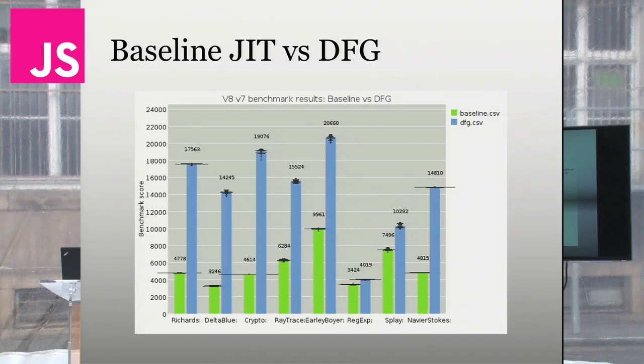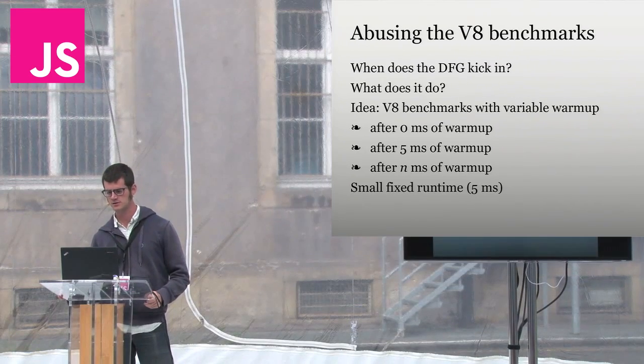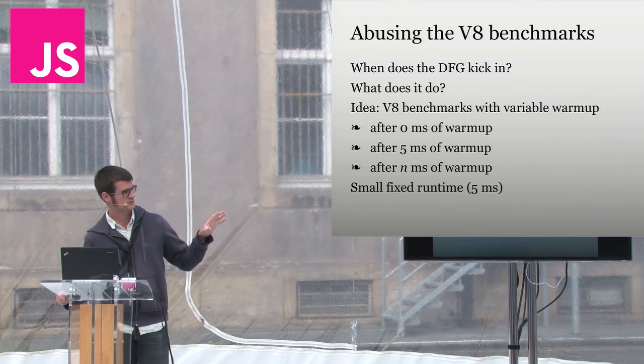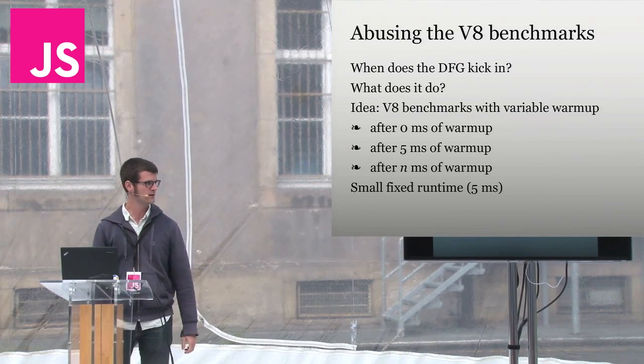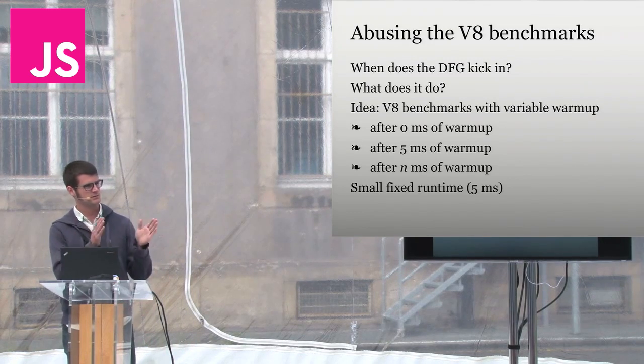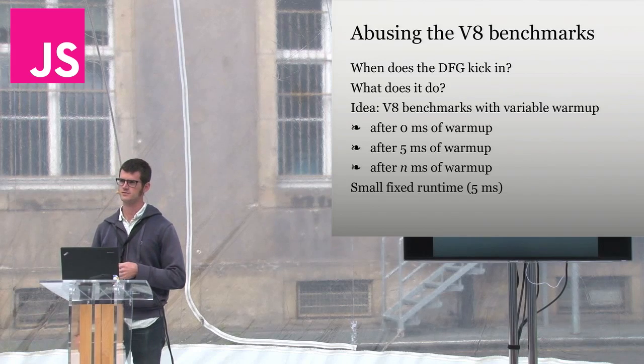I'm going to use this sort of thing as we go forward to really pull apart some of these benchmarks. And really, I'm not going to use the straight V8 benchmarks as my tool. I'm going to hack them a bit to see what the dynamic characteristics of the DFG are.